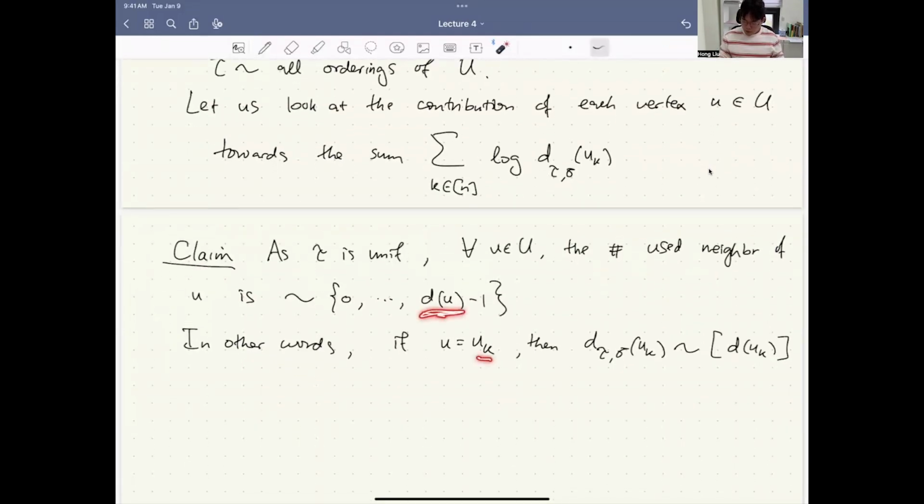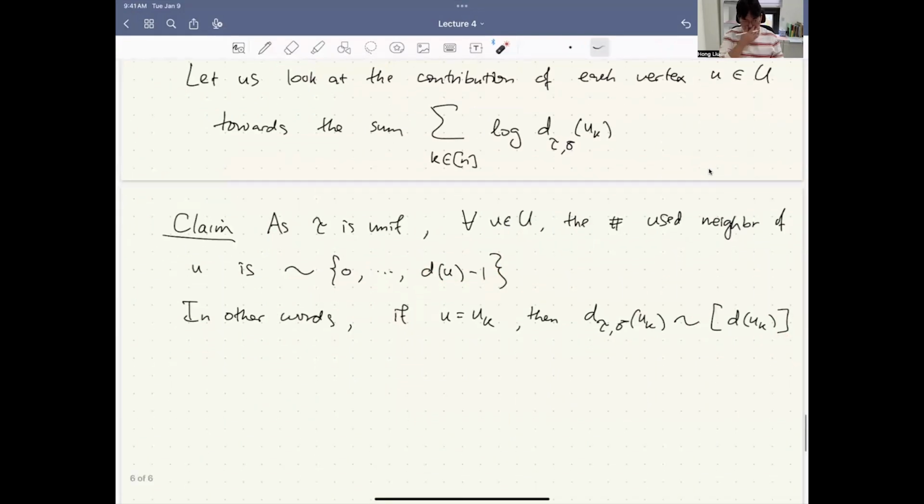If this is UK, the number of used neighbors is somewhere between 0 and degree minus 1, so the number of available ones is somewhere between 1 and the full degree, sampled uniformly over this set. We're going to prove this later.